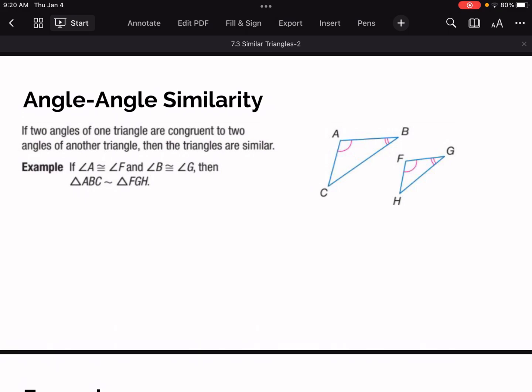So it doesn't really matter what they are. If we have two angles that are congruent in two triangles, then we know the third one is also. And if we have all three angles that are the same, then we are dealing with similar triangles. All right, so that's called the angle-angle similarity.